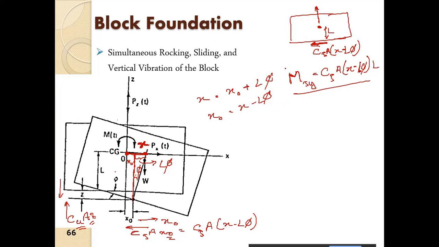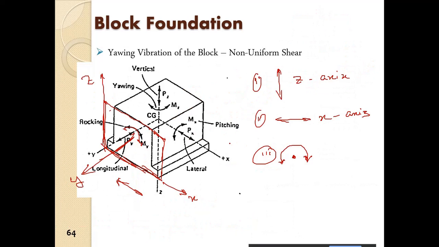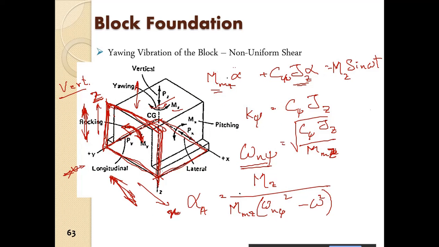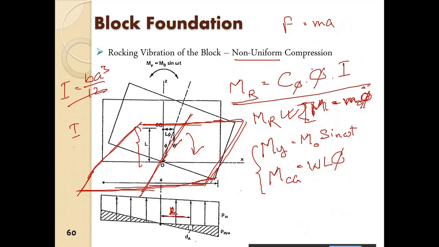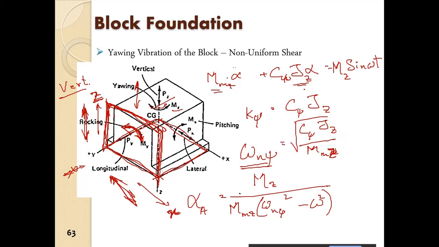Now again, what is the moment of the soil resistance? Soil resistance will apply a moment, which we have already found out just now. It is equal to C phi into I. This is the moment of resistance, which we have just now found out. So that is another moment here.